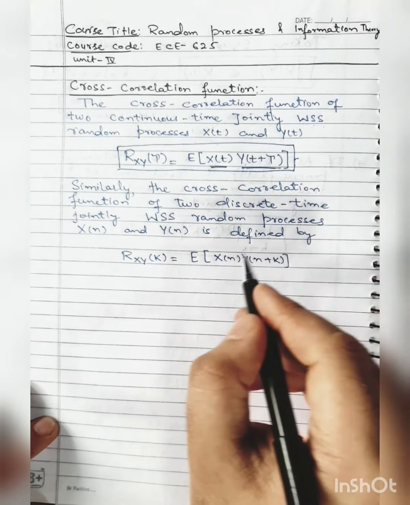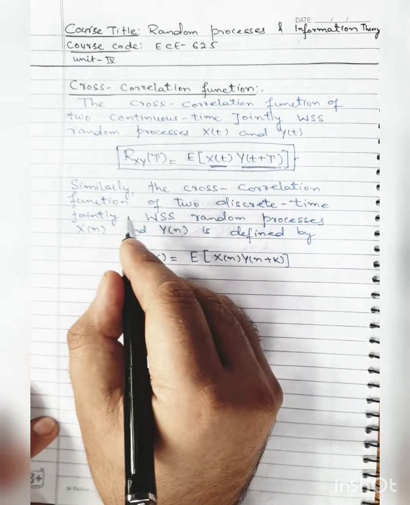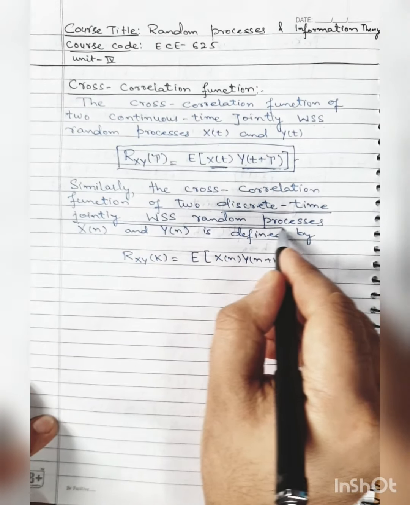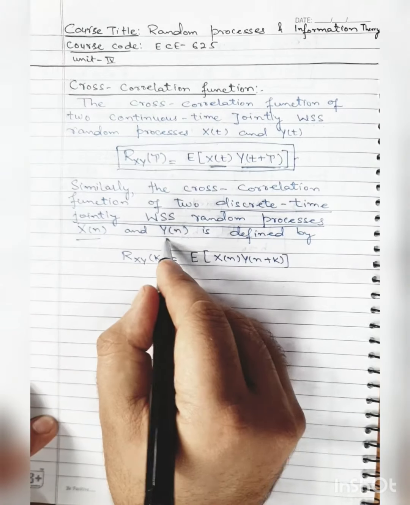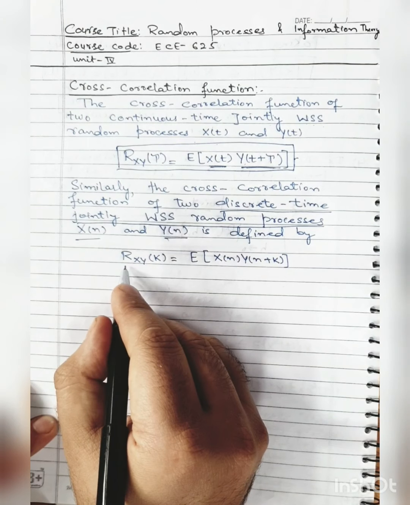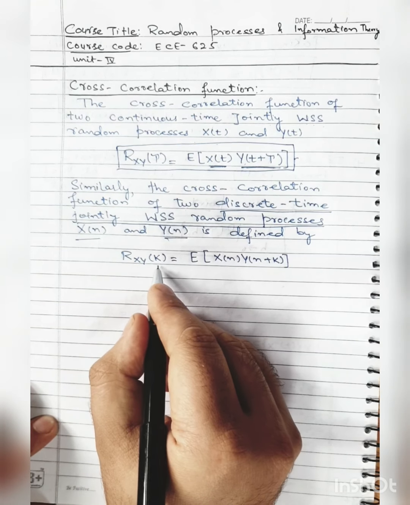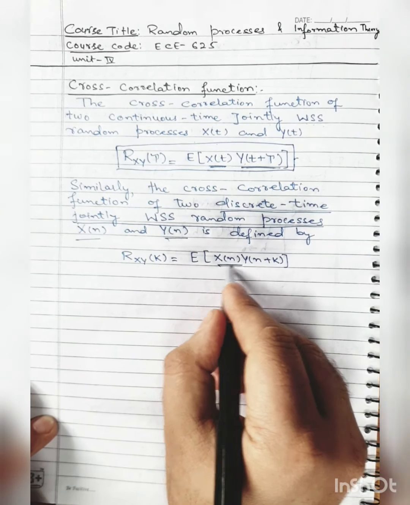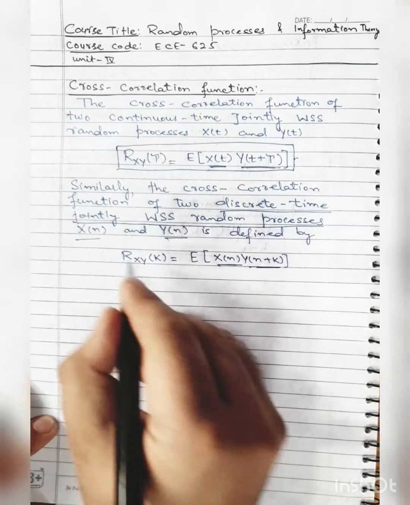Now similarly, the cross correlation function of two discrete time jointly wide sense stationary random processes x of n and y of n is defined as R_xy of k equal to the expectation of the product of x of n and y of n plus k.